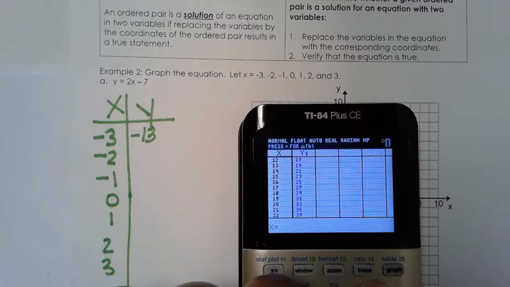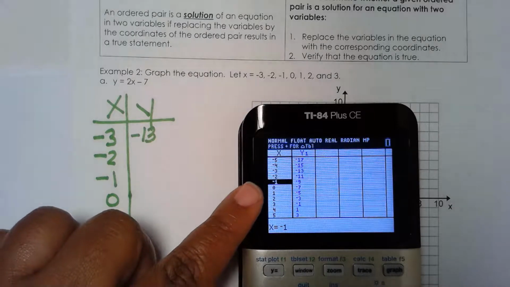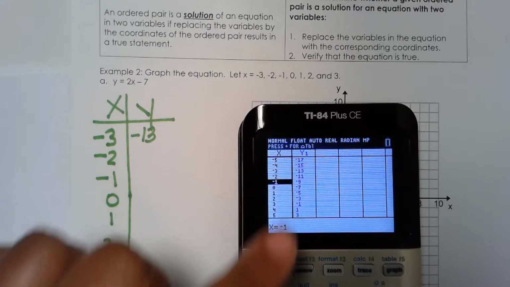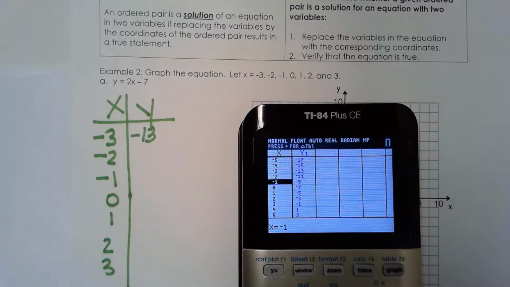Yours may be at 0, but I'm going to move mine so that you can see your XY table. Okay. So here, if you notice, it says when X is -3, Y is -13. That's what we have, and we also solved it by hand. And let's fill in the rest.